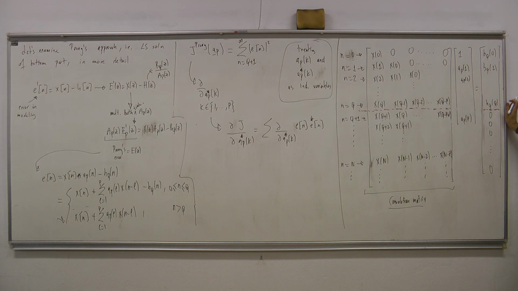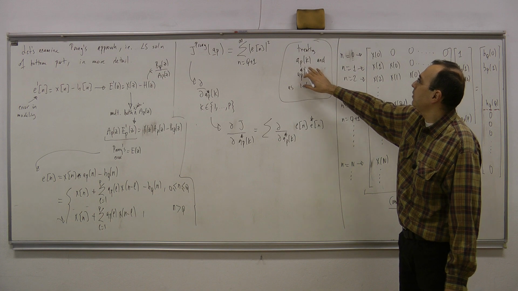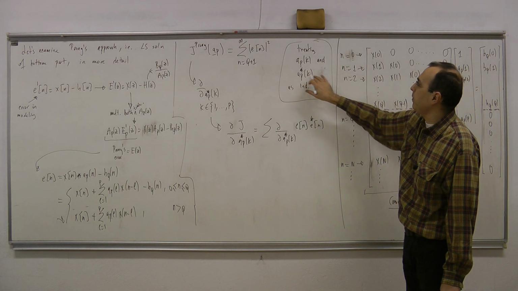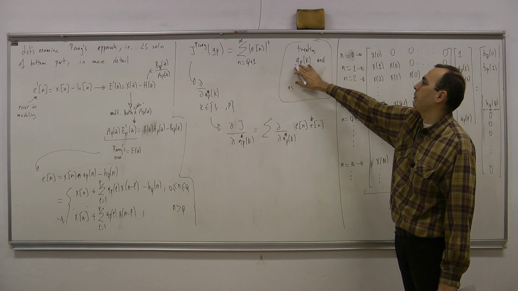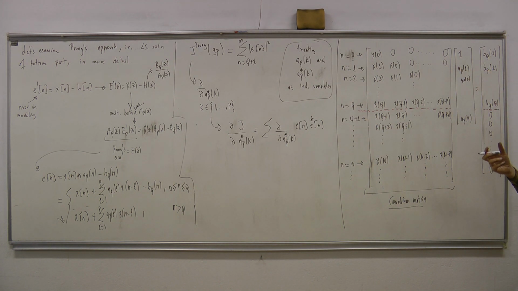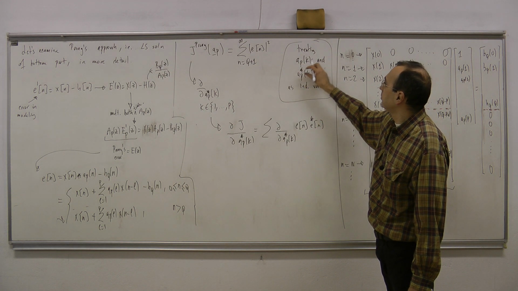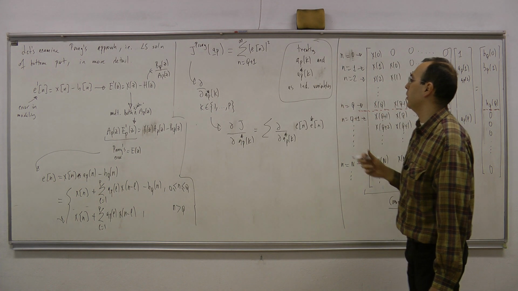a_p[k] has a real part and imaginary part, let's say. Maybe a_p[k] is 1 plus j. Then its real part is 1, its imaginary part is 1. Its conjugate is 1 minus j. So you may think that a_p[k] has 2 degrees of freedom, okay? The real part and the imaginary part. So I can always define 2 variables to define a_p[k], real part and the imaginary part.